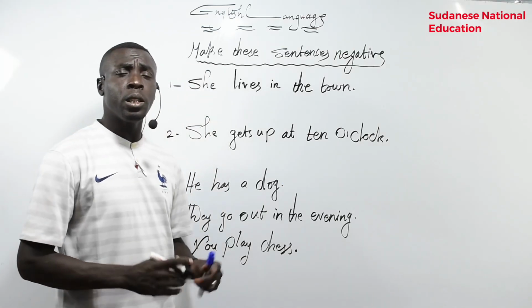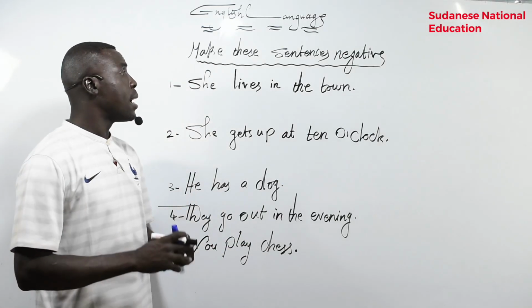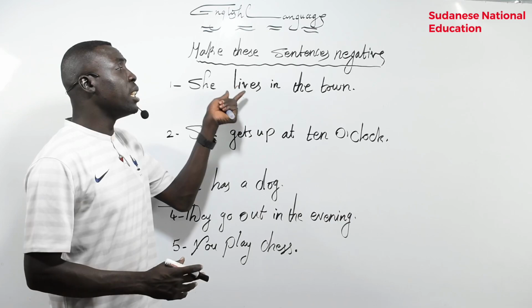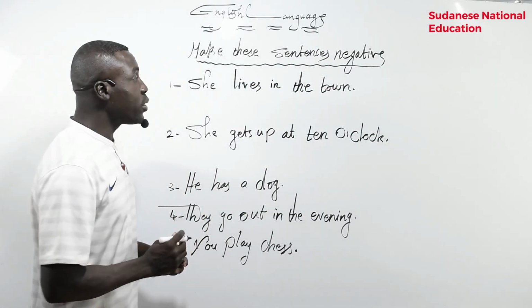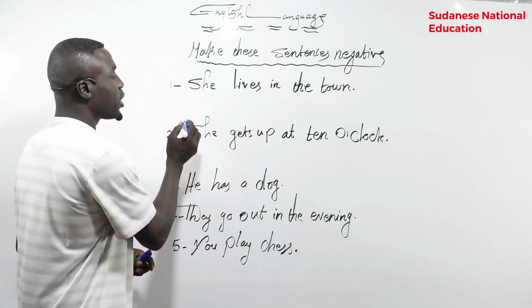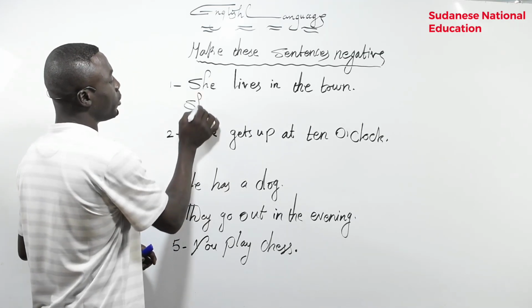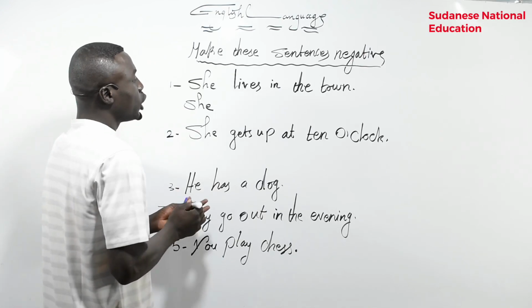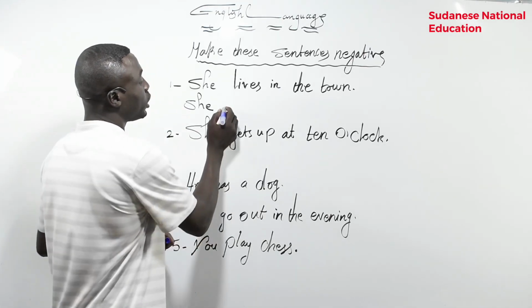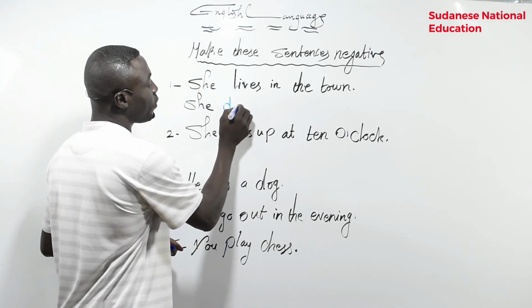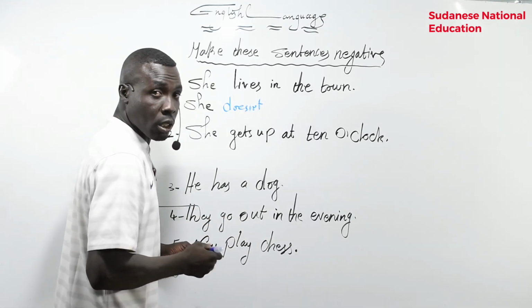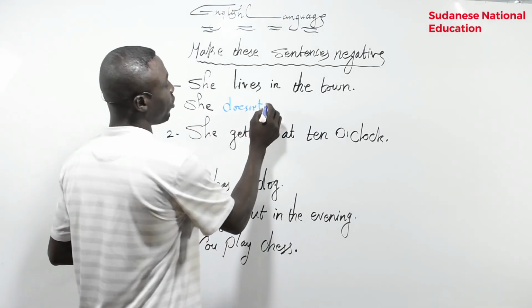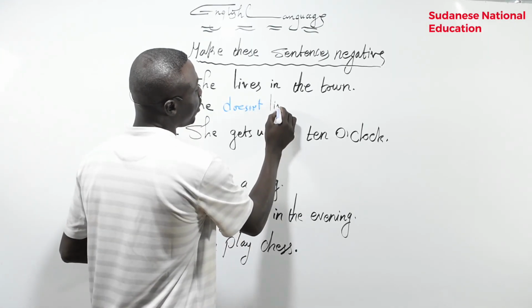Let us make these sentences negative. She lives in the town. The negative sentence is she doesn't live, or she does not live. So the verb live is infinitive.